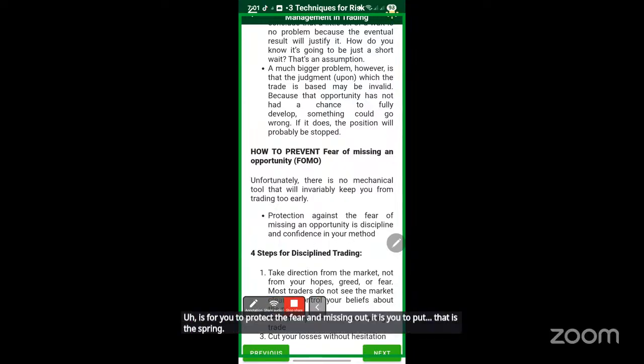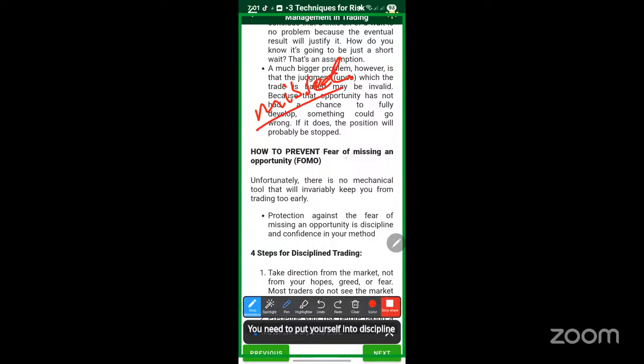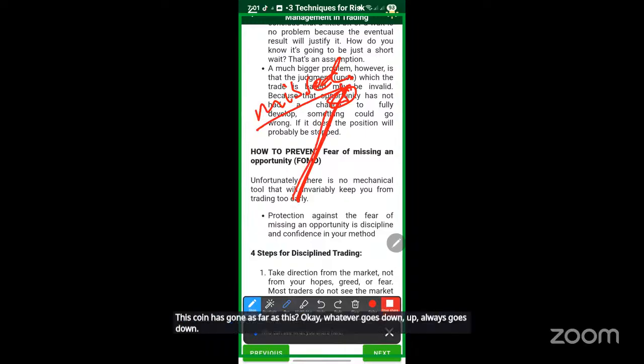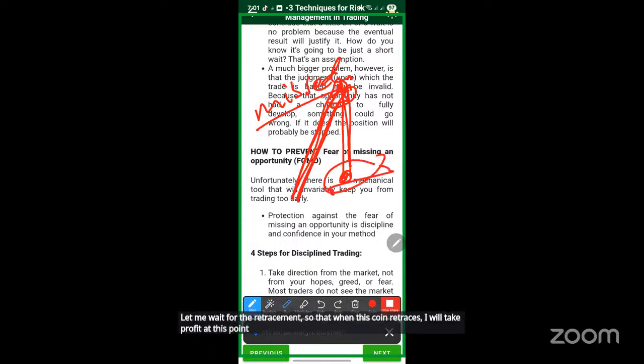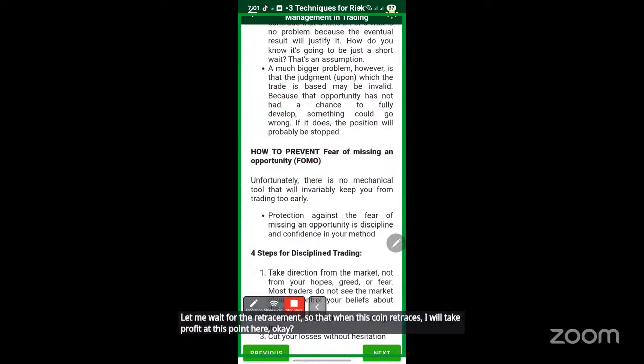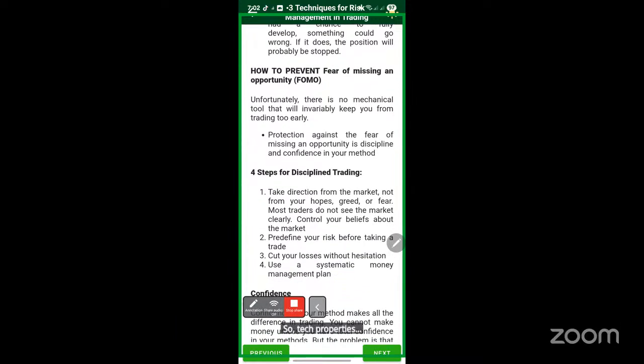You need to put yourself into discipline and say, this coin has gone as far as this, whatever goes up always comes down. Let me wait for the retest, or let me wait for the retracement, so that when this coin retraces, I will take profit at this point here.